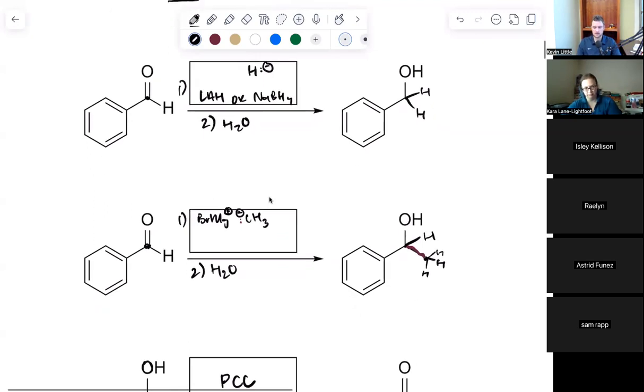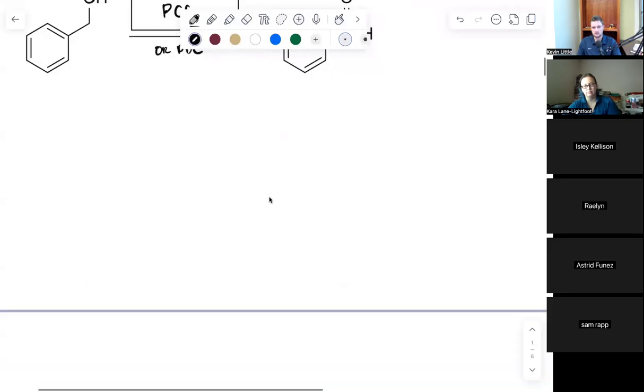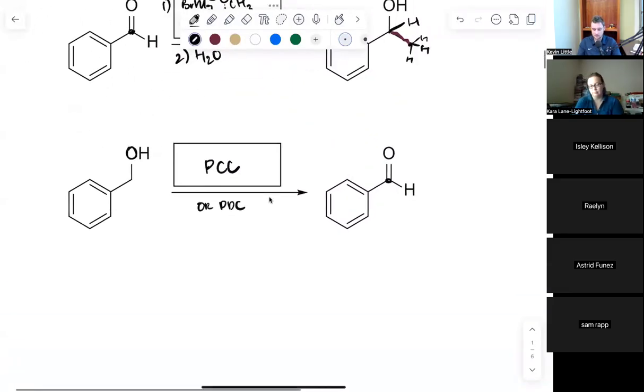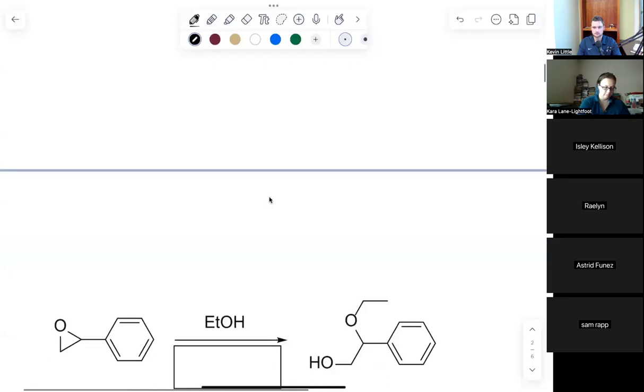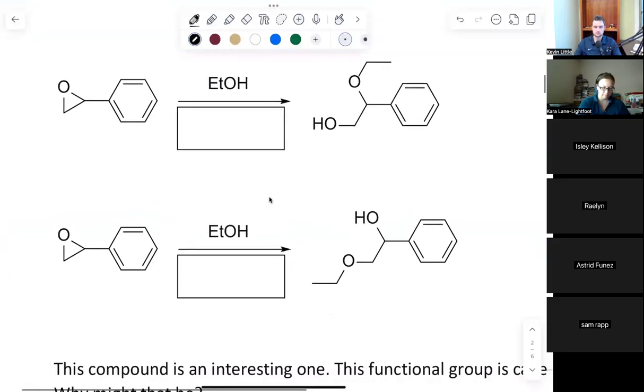If you're in an organic lab and you run an extraction, at the end of every reaction we tend to run an extraction which has water in it, and so we do quench with water every reaction by default. Technically, PCC is also quenched with water. We just don't write it because we don't write out the full mechanism. But that's a good question. Thanks for alerting me to that.